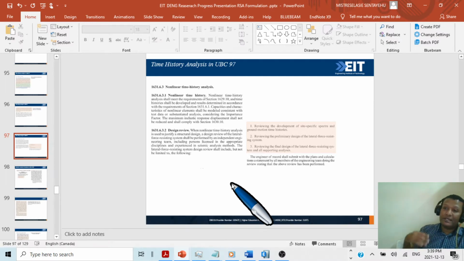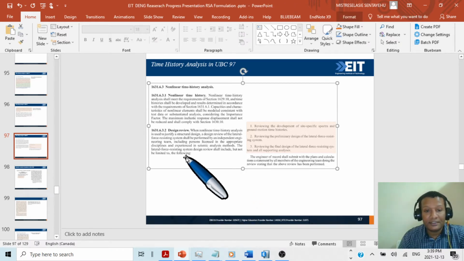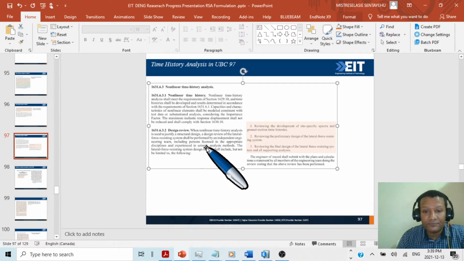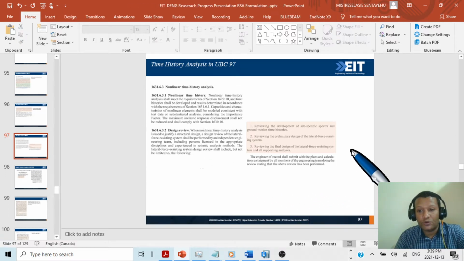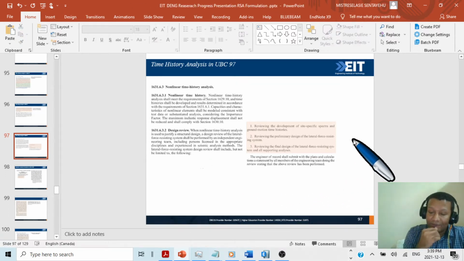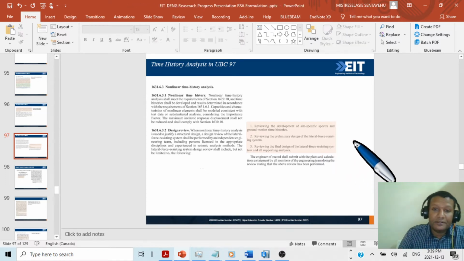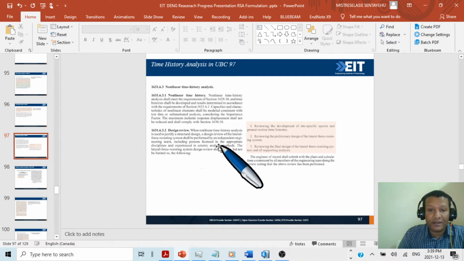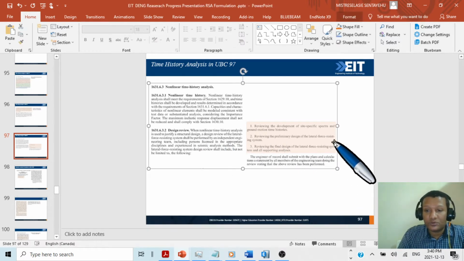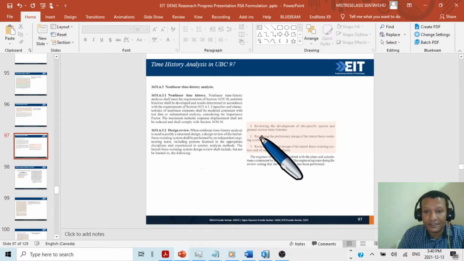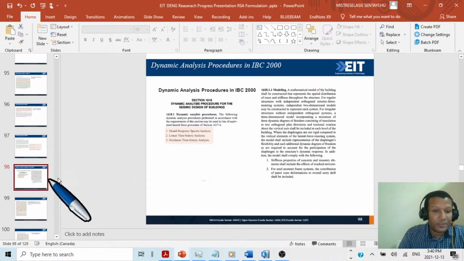Once we make pushover analysis, linear time history analysis, response spectrum analysis, or modal analysis, this analysis will help us for verification. In our project also, after we designed everything, we verified it with pushover analysis, and the pushover analysis result was also verified with nonlinear time history analysis. So this is for review purposes.